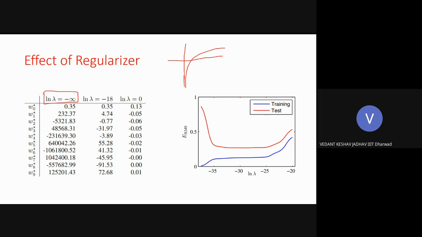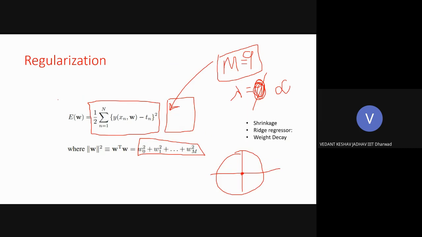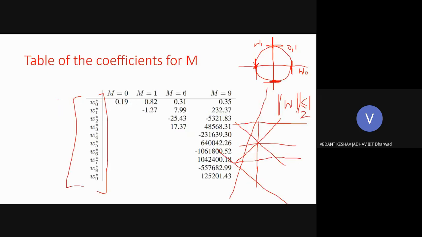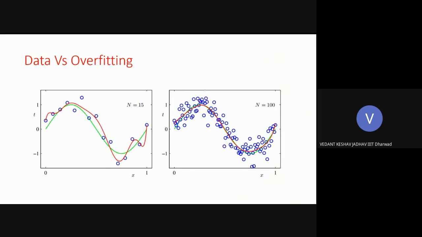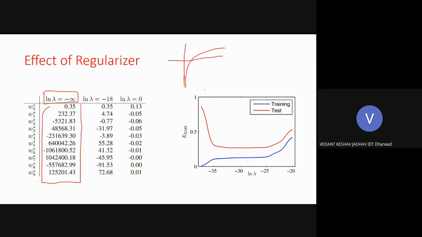It is like you don't have any constraint. If you don't have any constraint, the values of those w's will be the same as what we had here. It means we are not doing any regularization at all, so we will get the same solution.